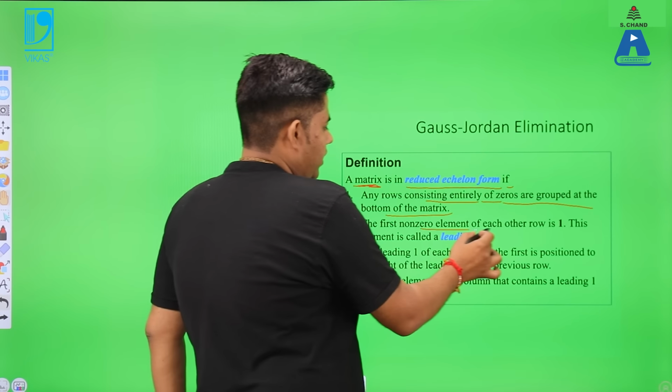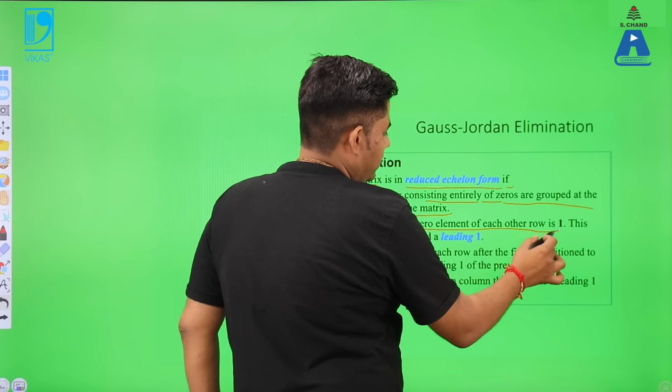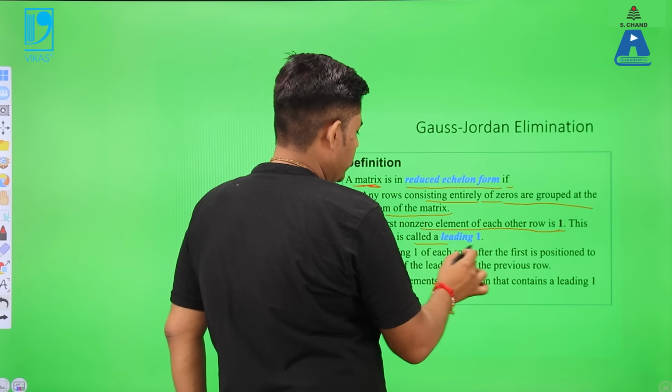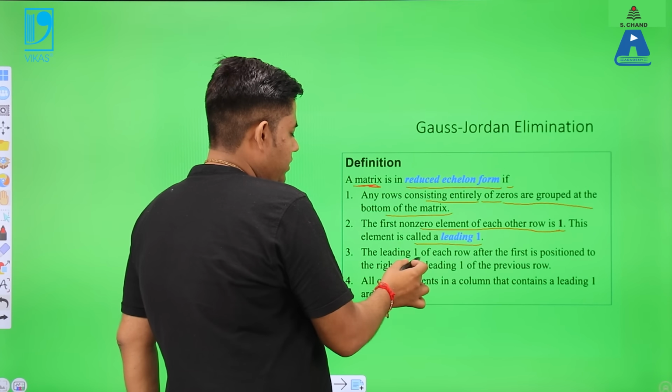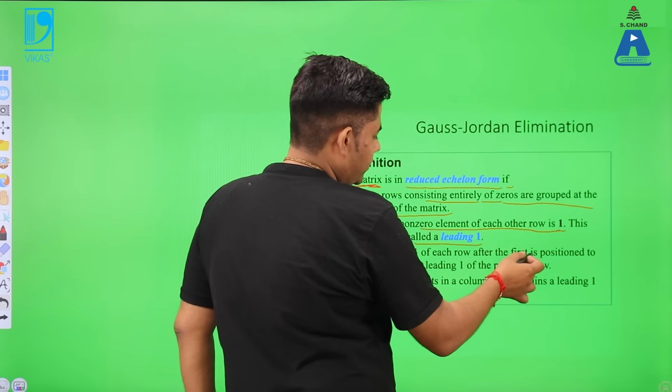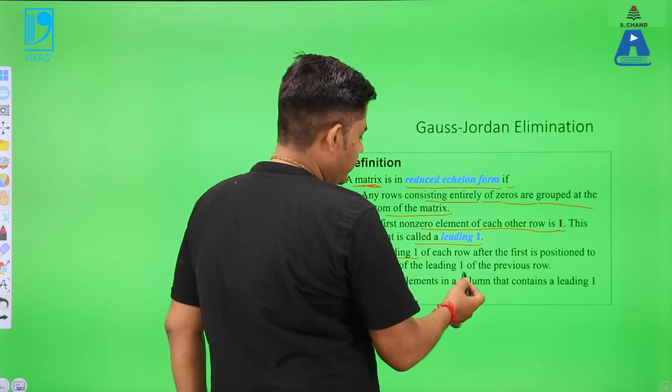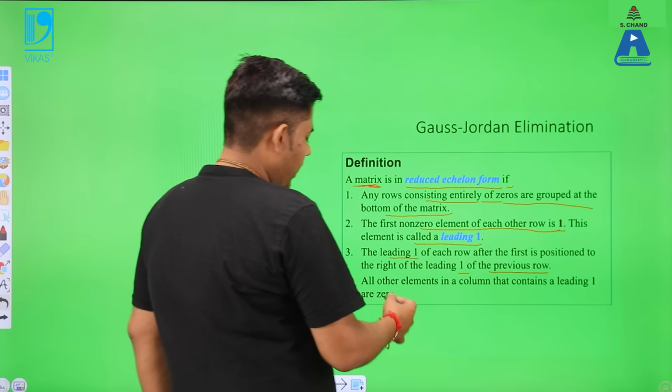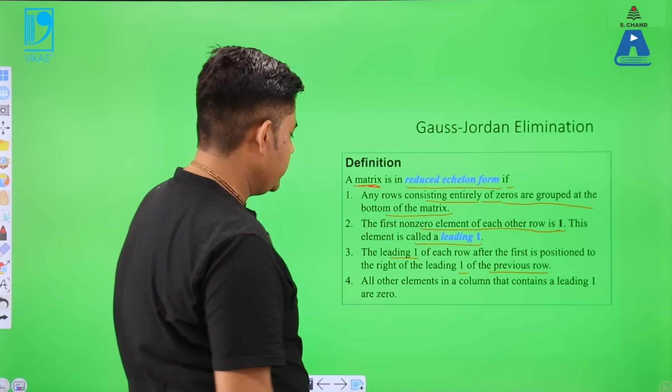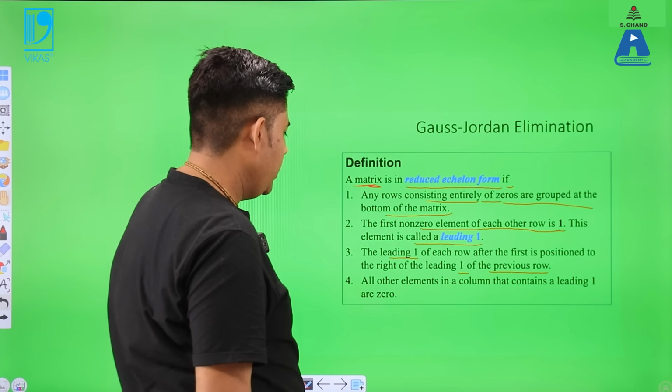The first non-zero element of each other row is 1, and this element is called a leading one. The leading one of each row after the first is positioned to the right of the leading one of the previous row. And the other elements in the column of this leading one should be 0.